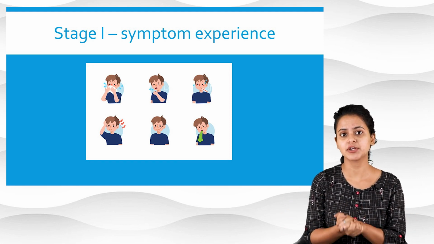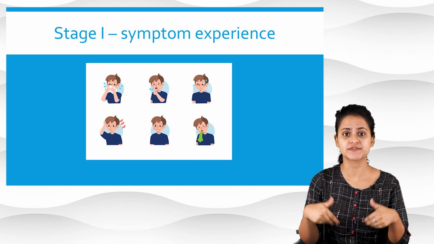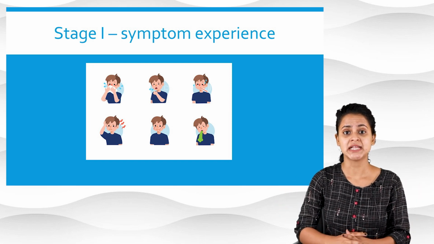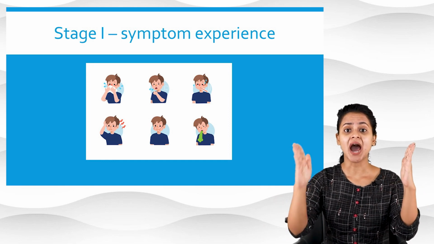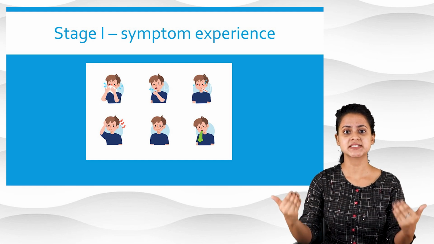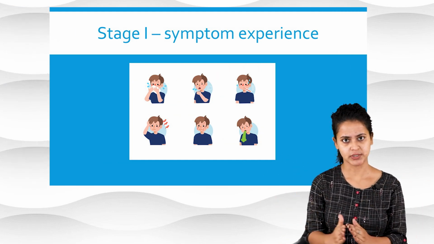So that's how, in this stage of symptoms experience, a client will understand at the end of the stage what they are experiencing, and that these changes are taking place due to a pathological process.